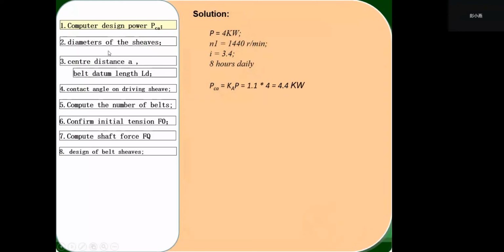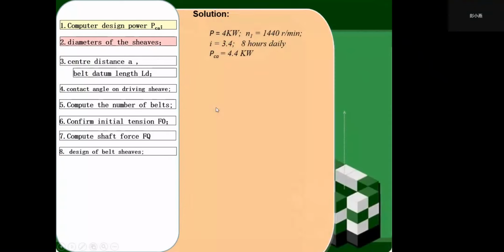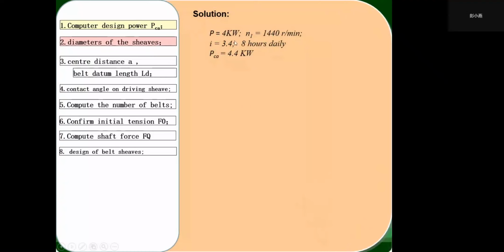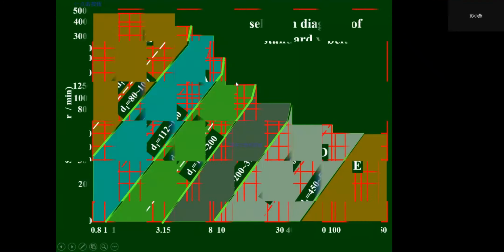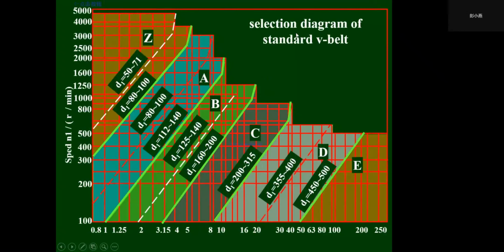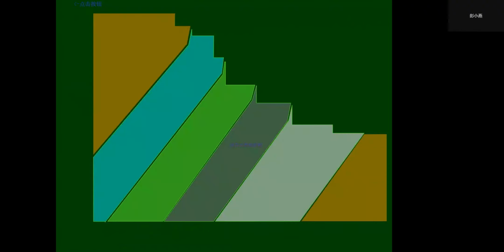And then we determine the diameters of the sheaves. We use the speed N1 and PCA, and from the selection diagram, the calculated power PCA is 4.4.